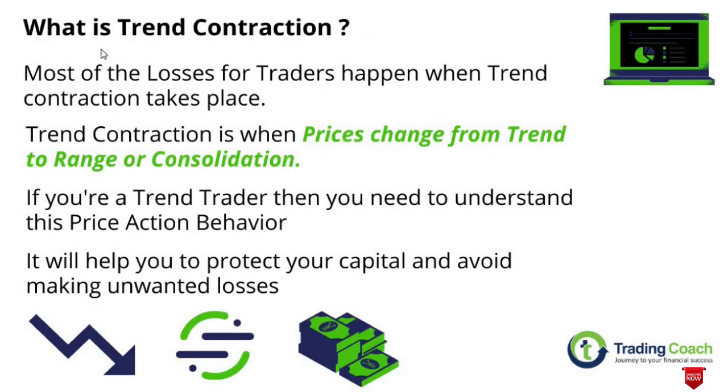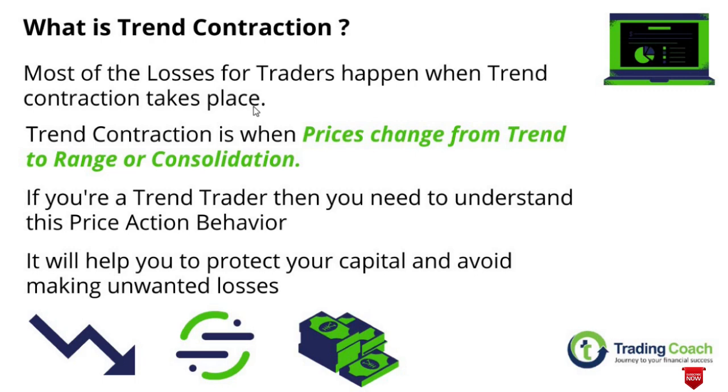So here is an important concept we all should keep in mind. Whether you are a trend trader or whether you are just using some kind of indicators, you need to understand this. There is a price action concept known as trend contraction, and most of the losses for traders usually happen when trend contraction takes place.